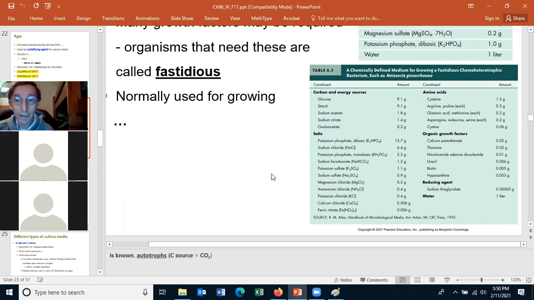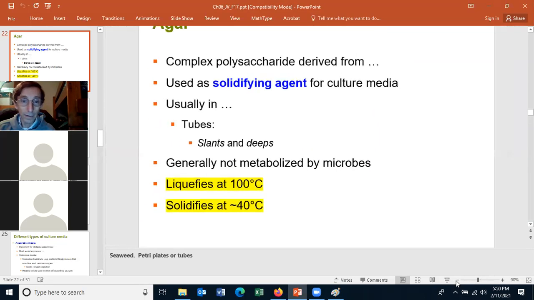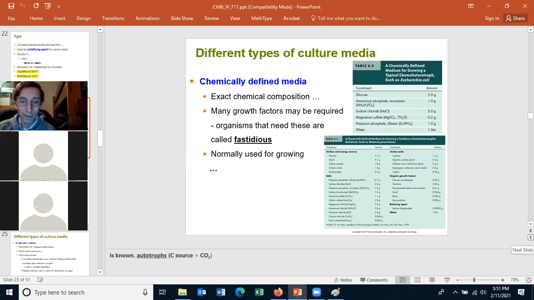Streptococcus pyogenes would not grow even with all of these things added, amino acids, organic growth factors, because even that is not enough to get Streptococcus pyogenes to grow. Like I said, Streptococcus pyogenes needs blood to grow, and we're not entirely sure what all the things are in blood that are being supplied to Streptococcus pyogenes.